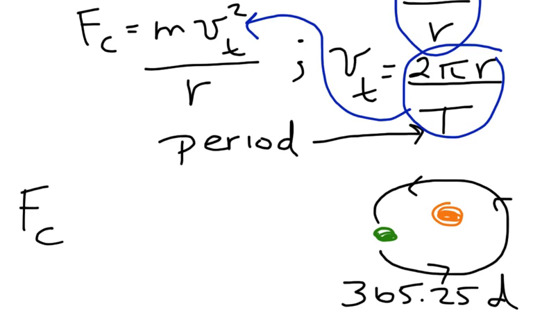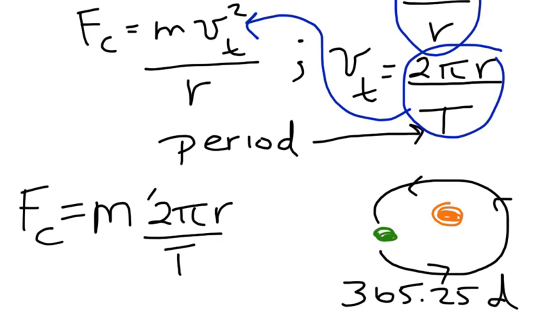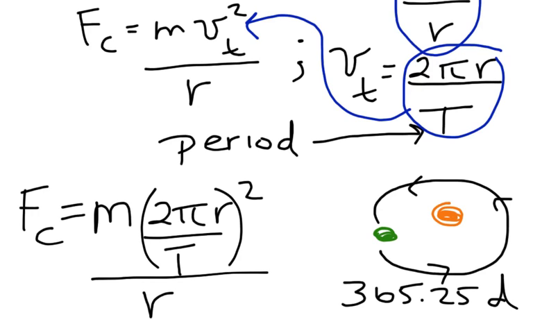We're going to get my centripetal force, which is the sum of the forces acting on an object moving in uniform circular motion, equal to the object's mass, multiplied by the tangential speed, which is 2 pi r over the period, and we're going to square all of that because that's the tangential speed, all over the radius. And so this is another expression we can use for Newton's second law when we have an object in uniform circular motion.